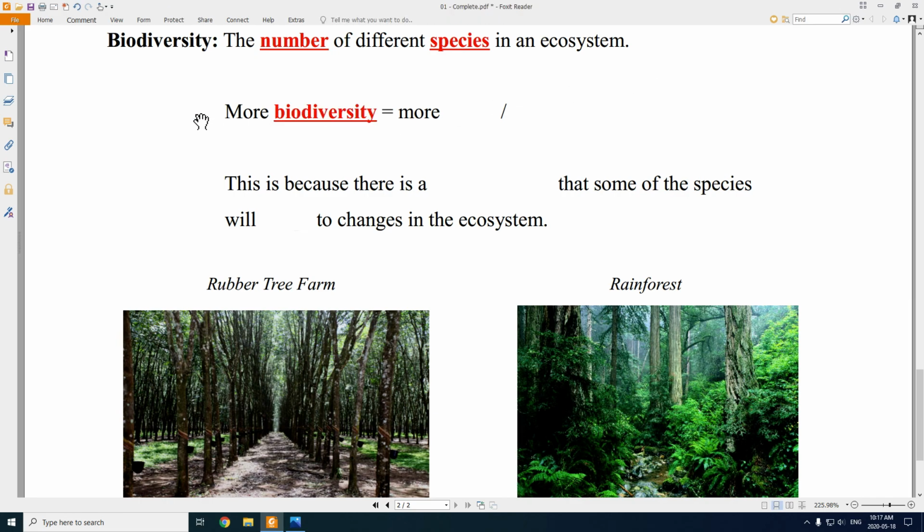So in this case, there's a bunch of different species that are living there. And the more biodiversity that you have, the more variety of animals and plants that you have, the more stable and the more sustainable your ecosystem is. So biodiversity is a positive thing. You want more biodiversity. Now, why is that? So let's think about this for a minute.